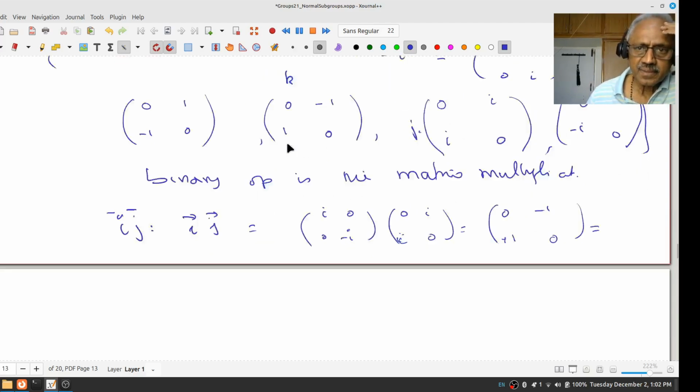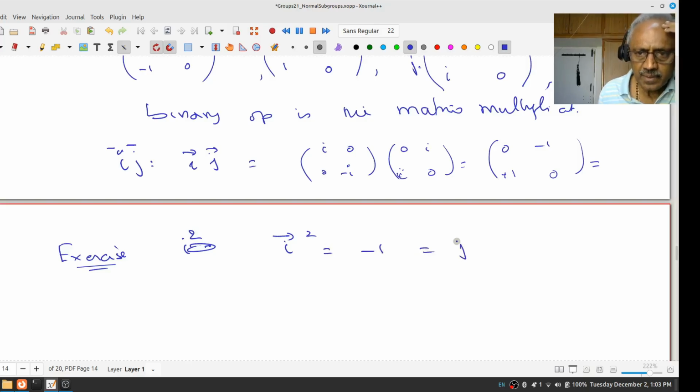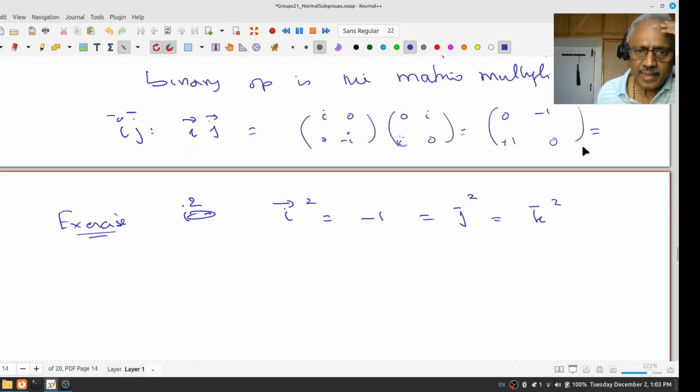So what I want you to observe, this exercise, I'm not going to do it. It will be quite boring for me. So i squared is minus 1, j squared is minus 1, k squared is minus 1. k is this. And take any two product i and j, it will be the third one.